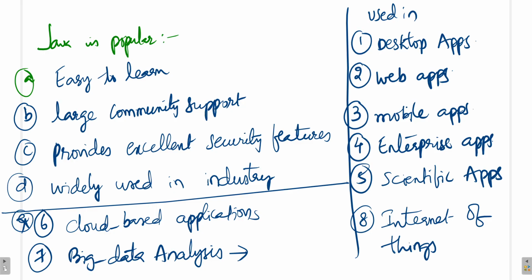Now we'll talk about prerequisites. Then we'll talk about types of Java, then we'll close. Prerequisites are like this. Suppose you want to learn Java, what are all the things you require?